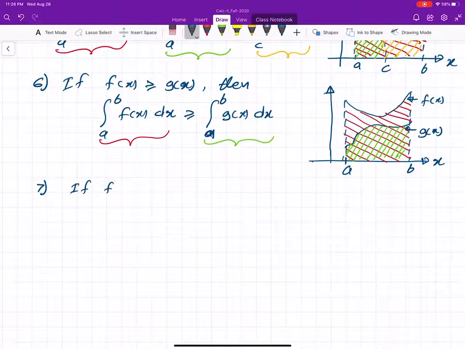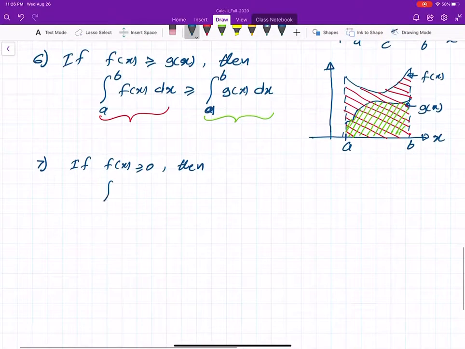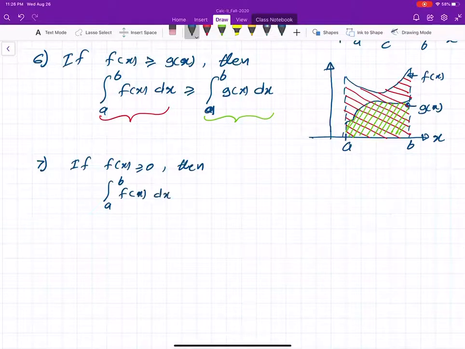If f of x is greater than or equal to 0, then this integral is also greater than or equal to 0.